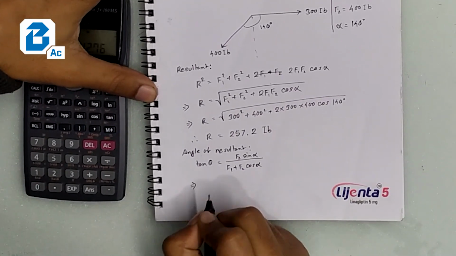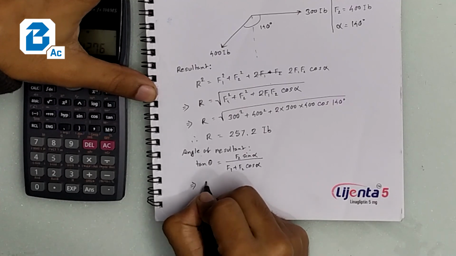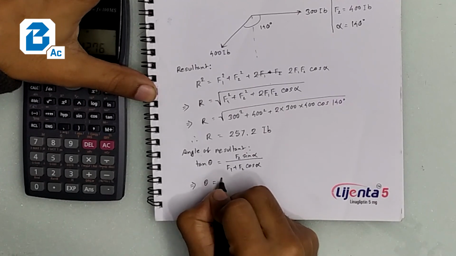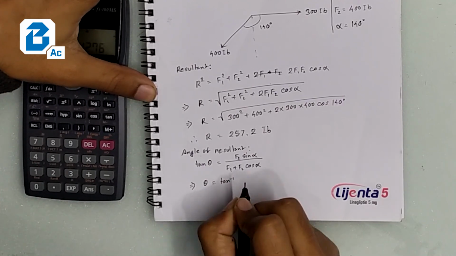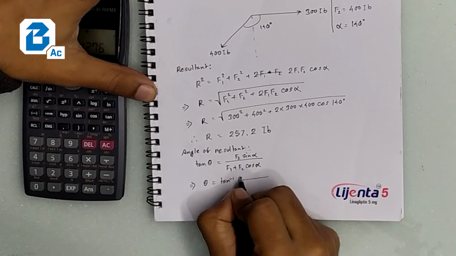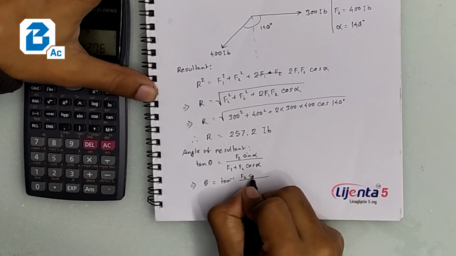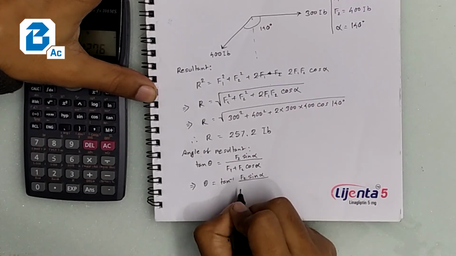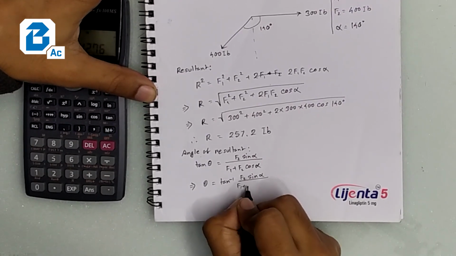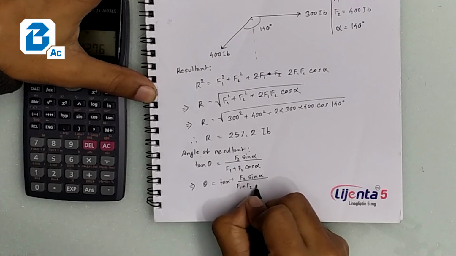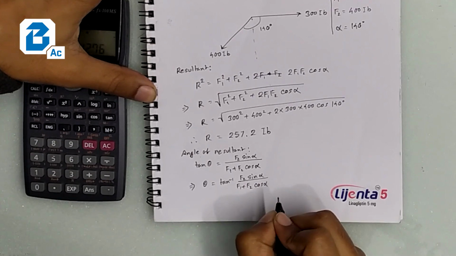And if we transfer the tan to the right, we will get theta is equal to tan inverse of F2 sin alpha divided by F1 plus F2 cos alpha.